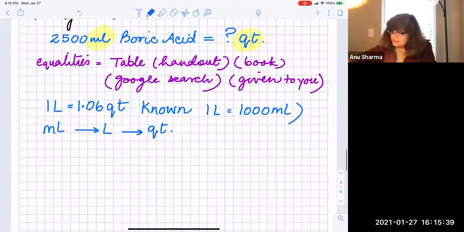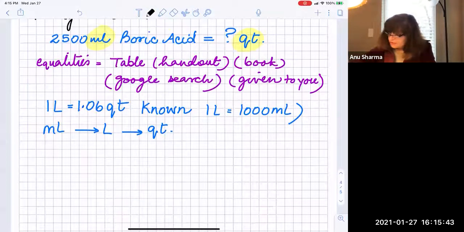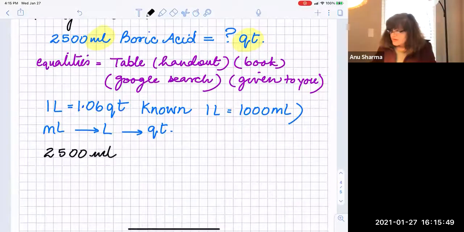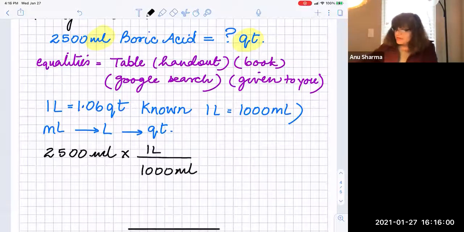Now we are going to write down first 2500 milliliters. First convert that to liters. We know that 1 liter is equal to 1000 milliliters. Why did I do that?